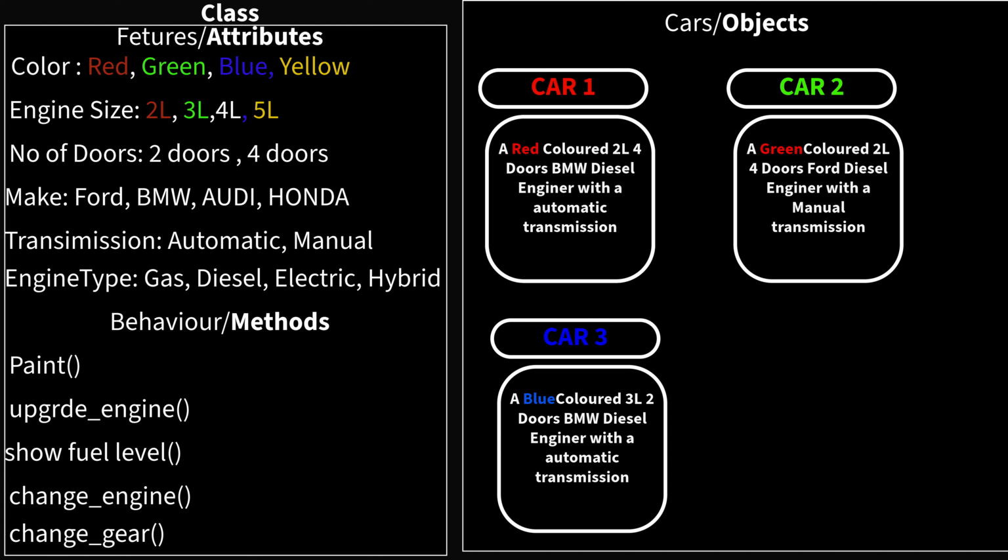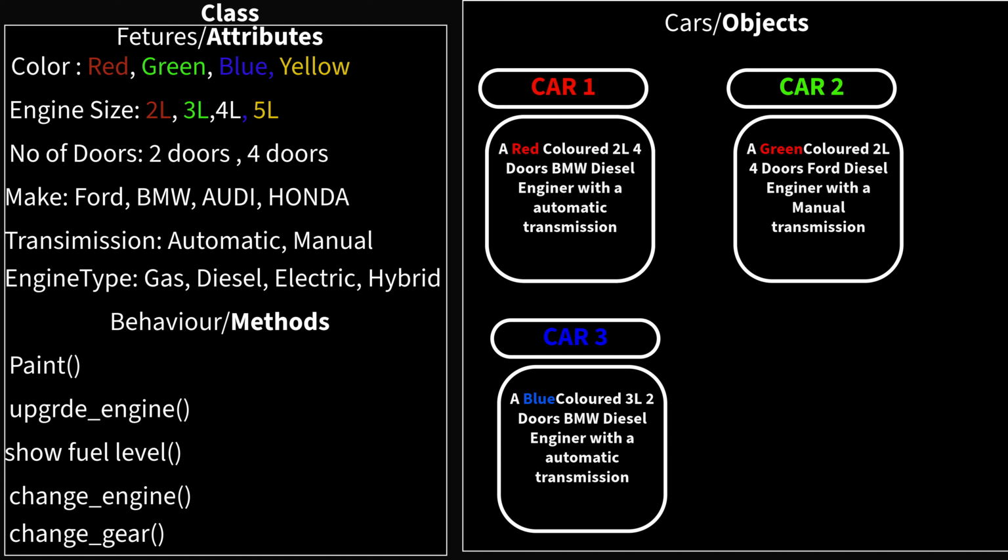Now, the user comes to you and says, hey, I want to switch my color to green. In real life, you take the order, you send it to the workshop, and you repaint the entire car. But in programming, it's very simple. That class already has a method called paint.